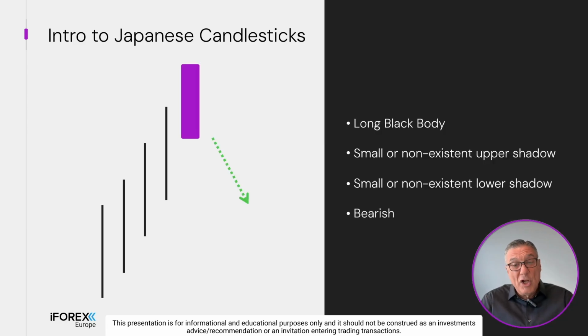Now, a long black body will indicate that the uptrend has potentially come to an end, and there is a lot of selling activity.